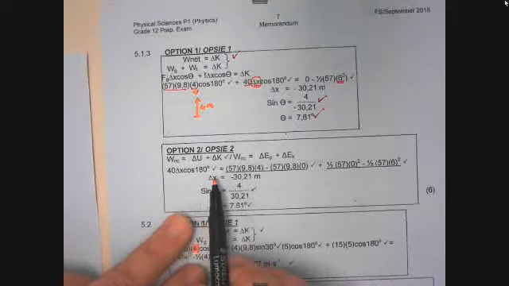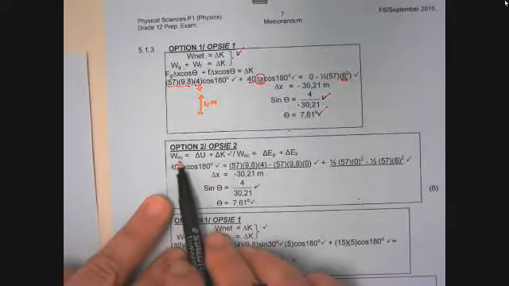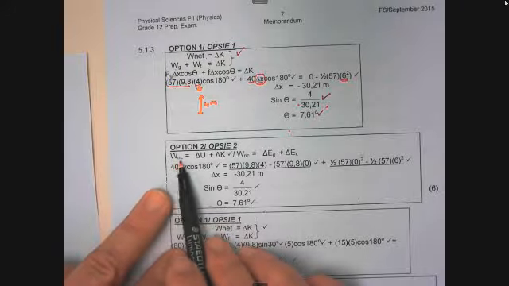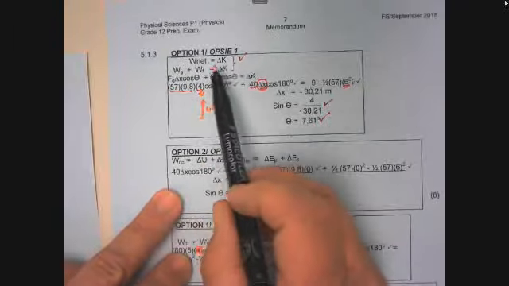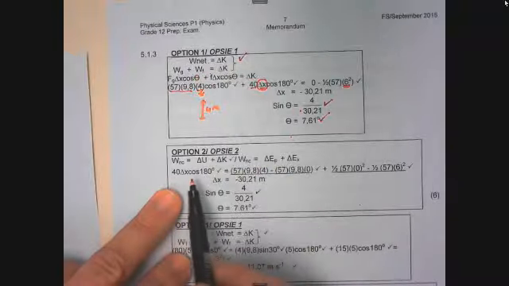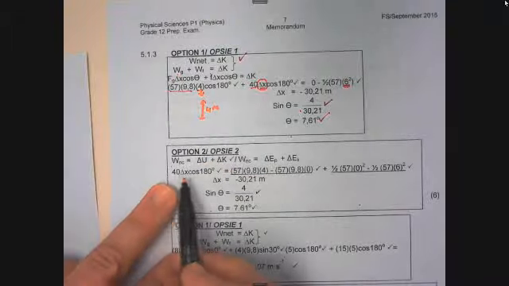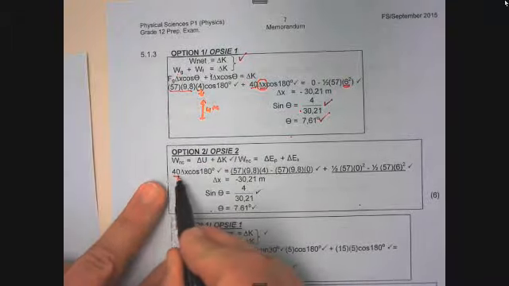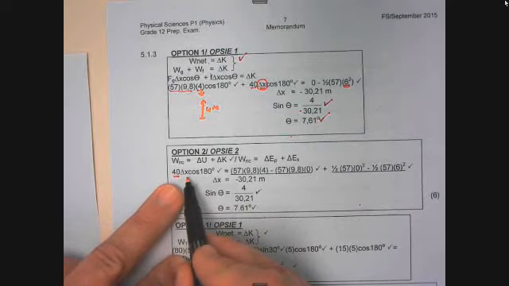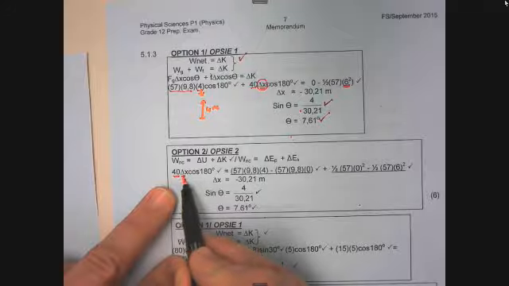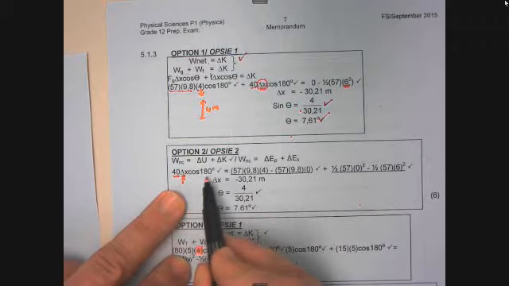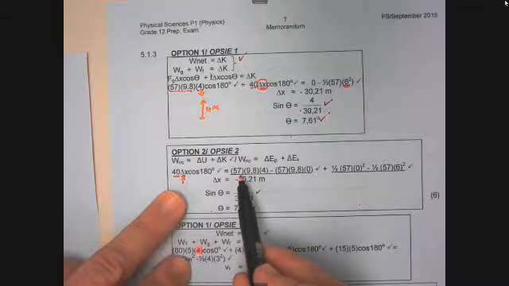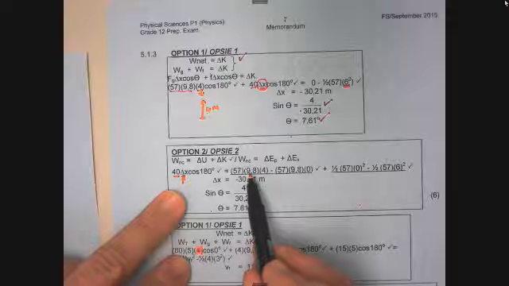The learner could have also made use of the formula for the work done by the non-conservative force. Of these two forces, the non-conservative force is the frictional force, and the conservative force is the force of gravity. So the non-conservative force is the frictional force, 40 times delta x, and there you will see the delta x comes into play, and we need this value, and the cos 180 equals the change in gravitational potential energy.